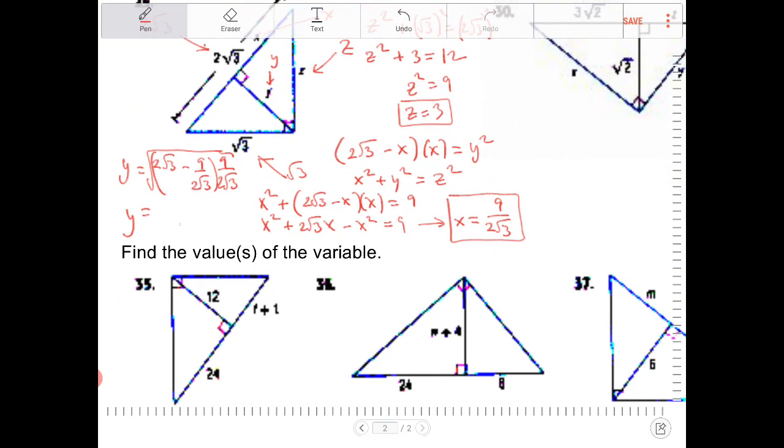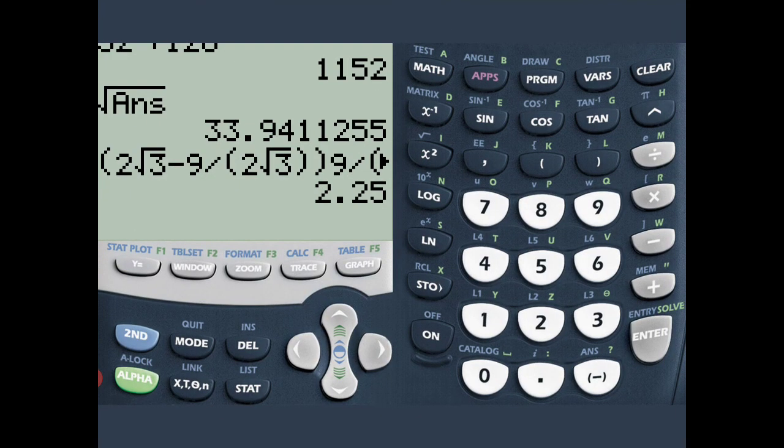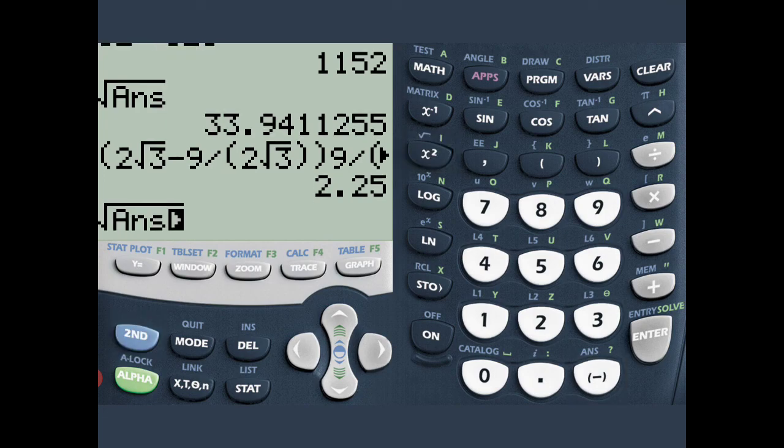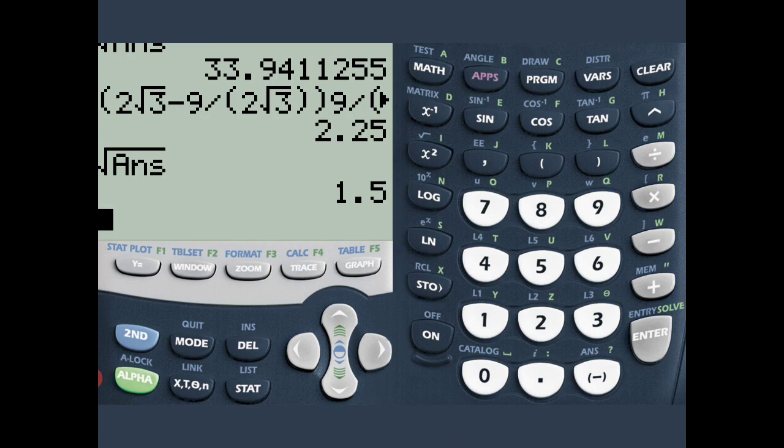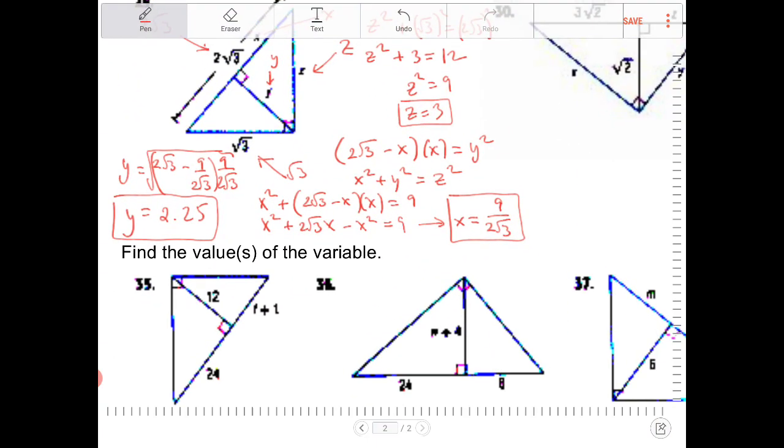That was really nice the way that it worked out. Oh, and I forgot, I got to take the square root of that, of course. And it comes out even nicer. 1.5. So y is equal to 1.5.